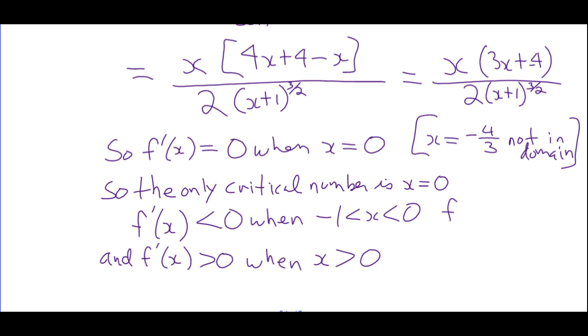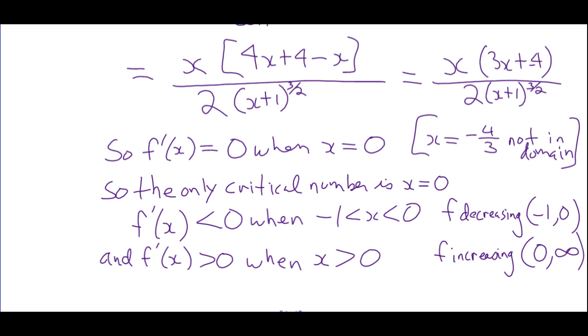F will be decreasing from negative 1 to 0, and f will be increasing from 0 to infinity. And f prime of 0 is defined, right? It's equal to 0. So we've got decreasing and then increasing, right? Looks like this, giving us a local minimum, right? Decreasing to increasing, local minimum.